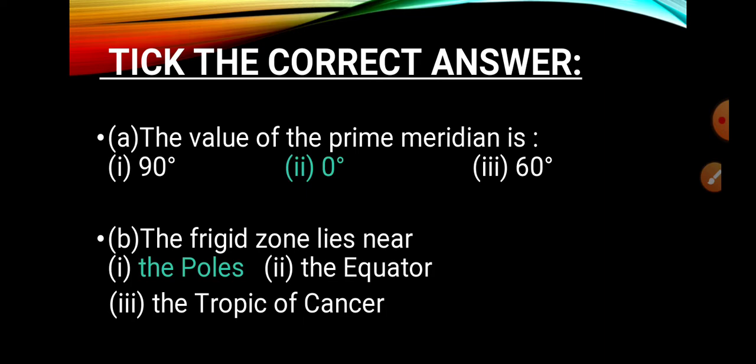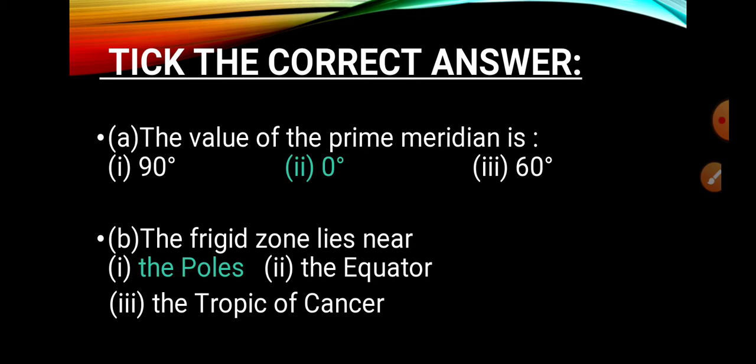Now next, tick the correct answers. The blue ones are the right answers. First, the value of the prime meridian is 0 degree longitude. They have only asked about the degree, so 0 degree is the right answer.